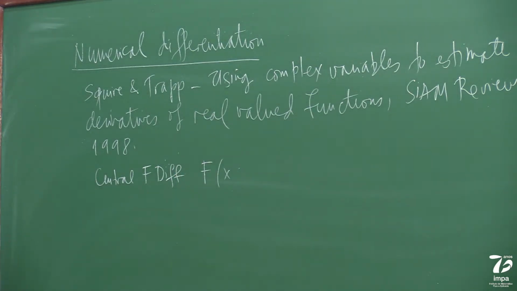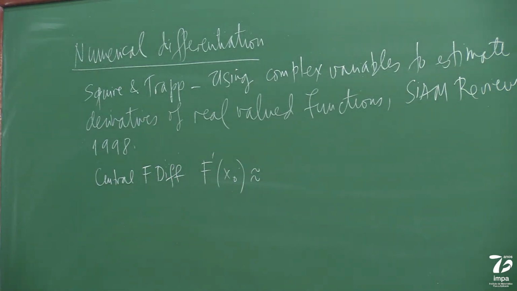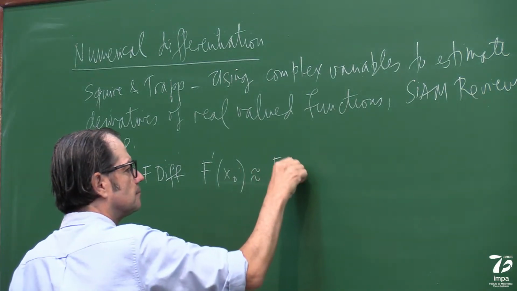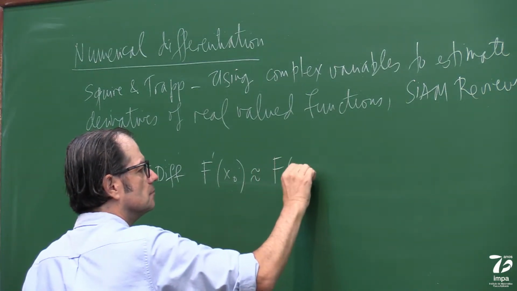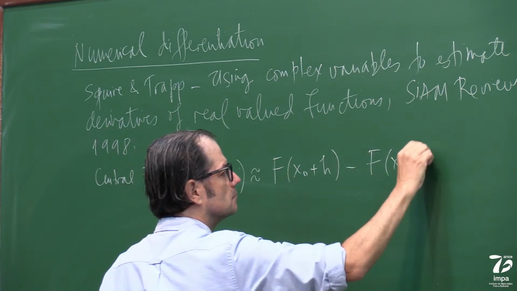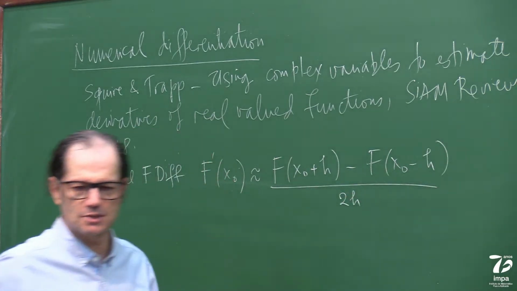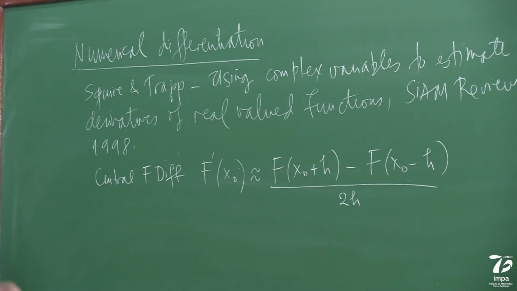And I'm going to say that the derivative f prime of x0 is given by the central difference.